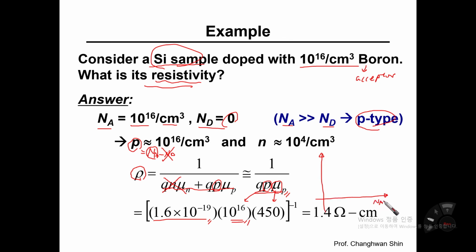You know this one, Na plus Nd versus mobility, this plot, right? So now watch out, Na plus Nd, but in this case Nd is 0. So at 10 to the 16, you can read out the hole mobility, that is 450. So plug in all the values and take the inverse, then you're going to get 1.4 ohm centimeter.